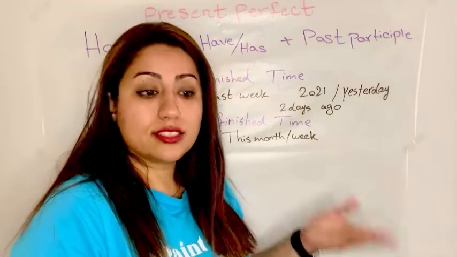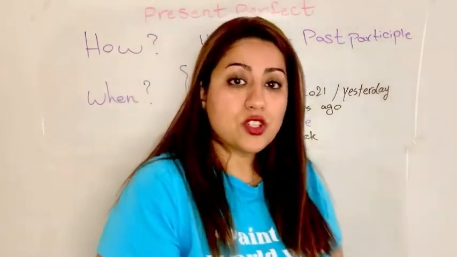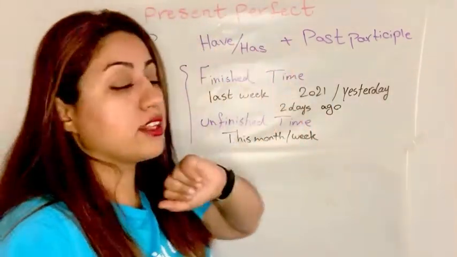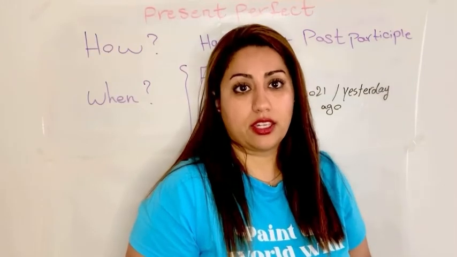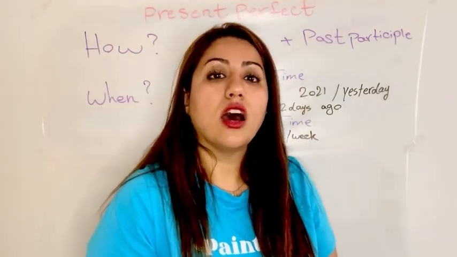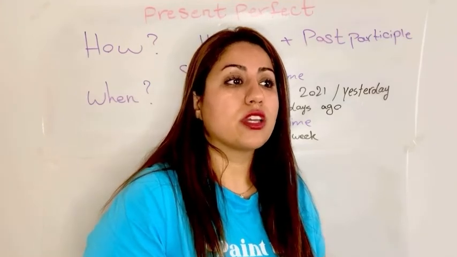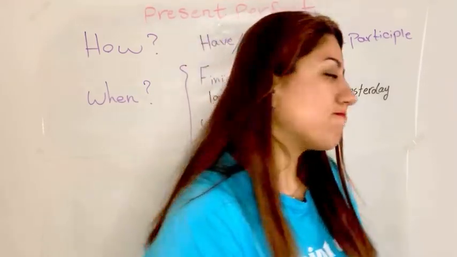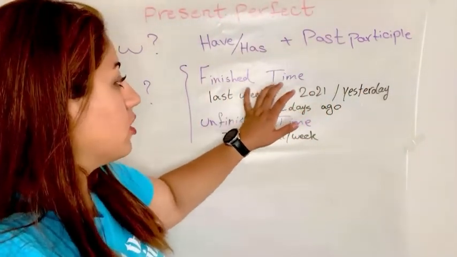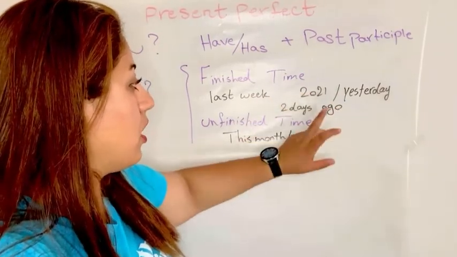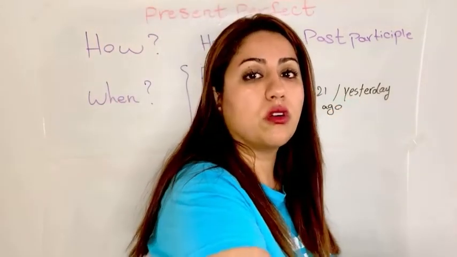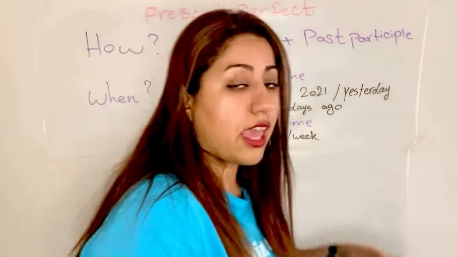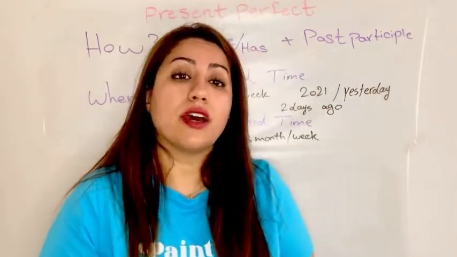For this week, this month, we have several days. So this is unfinished time. Present perfect is used when we're talking about unfinished time. It means we are talking about the time of some actions that is not finished yet. So look here: last week, 2021, two days ago, yesterday, all of them are over, finished. We cannot get back. But this month, this week, today, this year, this is unfinished time.